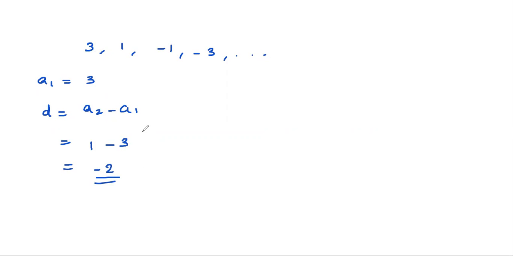Now we'll go to question number 3, section 3. The same question, but the sequence is 1 by 3, 5 by 3, 9 by 3, 13 by 3, etc. So the first term is of course 1 by 3, there is no doubt in that.